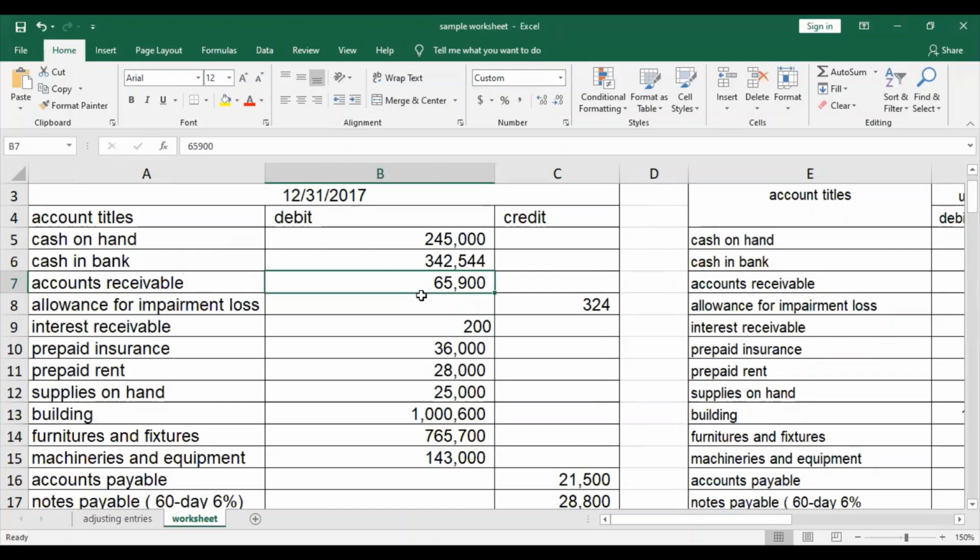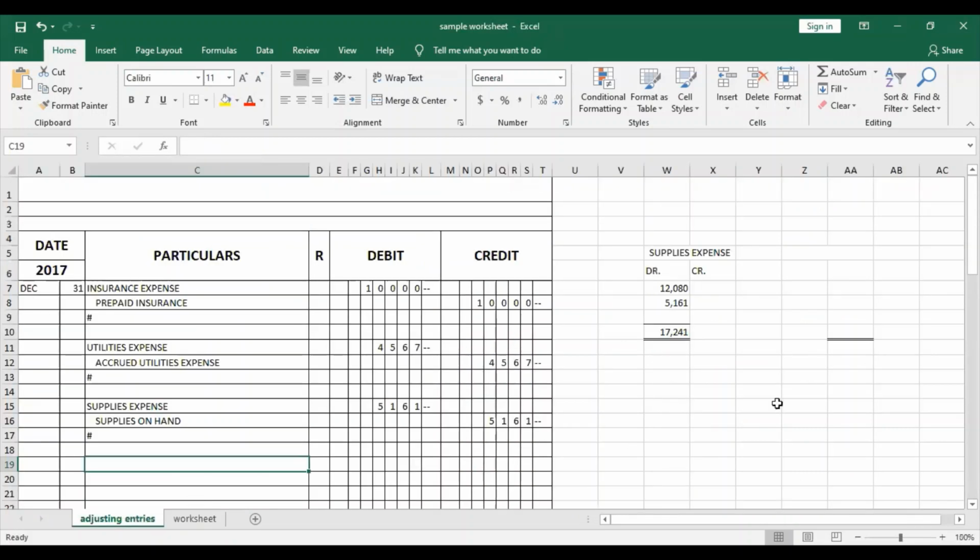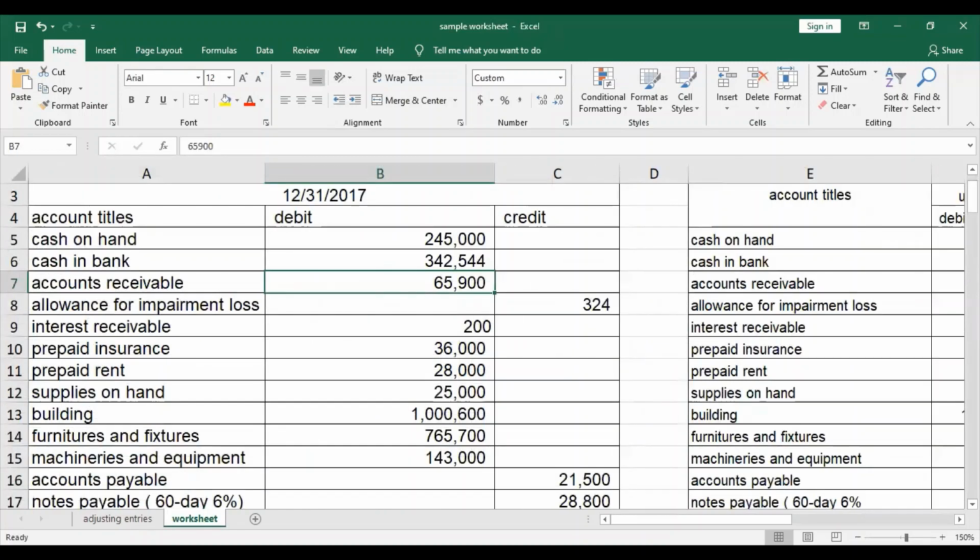How much is 65,900 times 5%? That is 3,295. Looking at your unadjusted trial balance, you have a record of allowance for impairment loss amounting to 324.